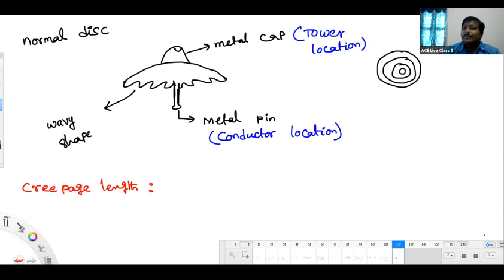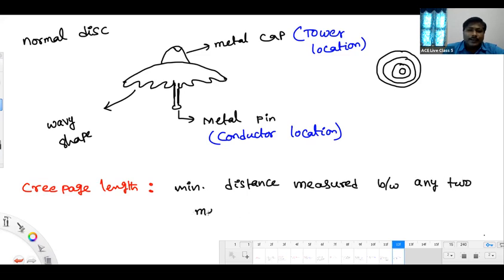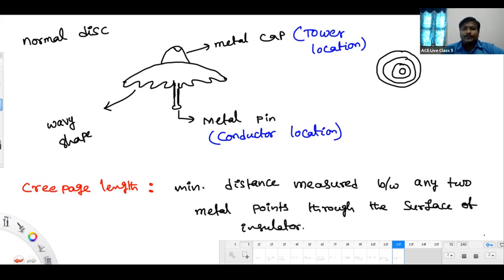It is the minimum distance measured between any two metal points through the surface of the insulator. So the minimum distance measured between any two metal points to the surface of the insulator.